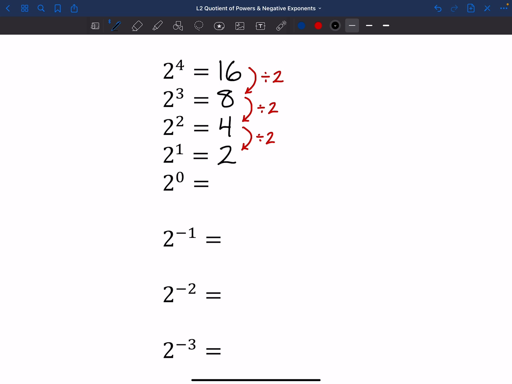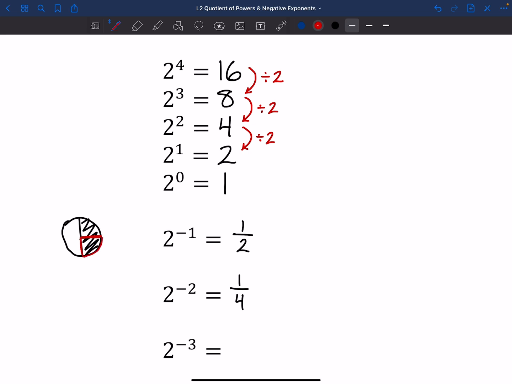So 2 divided by 2 is going to leave us with 1. 1 divided by 2 leaves us with a half. A half split in half. So 1/2 divided by 2 is 1/4, right? If you're getting a little like, ooh, I don't know about that, think about having a pizza. If I had half and I split that in half just like that, all I'm left with is 1/4.